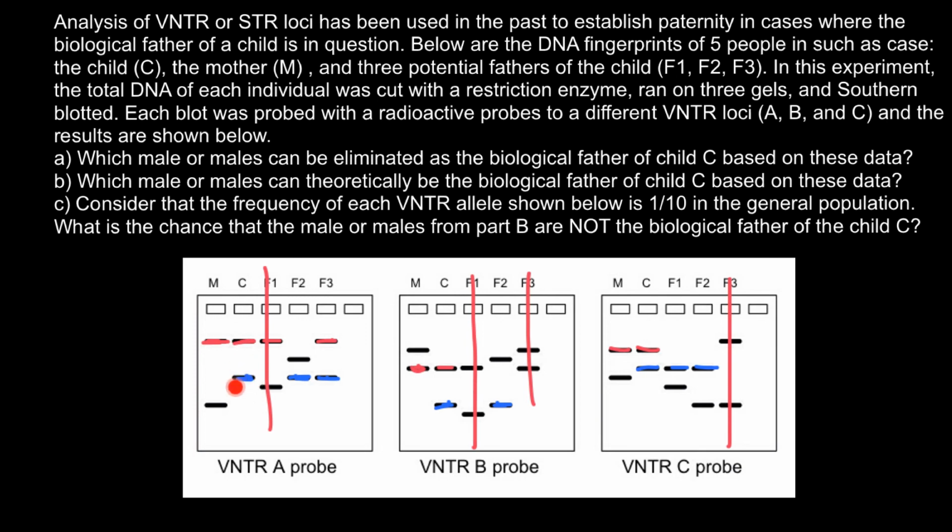So we are looking for the probability that any of the possible fathers would contribute this allele. If we take just a random person from the street, what would be the probability that this person would have this size allele? And one more time, the frequency of this allele would be 1/10.